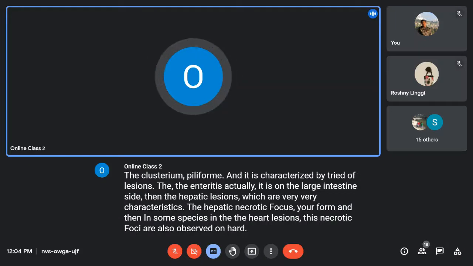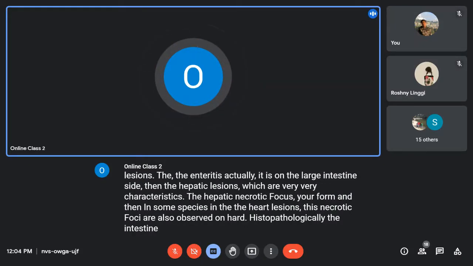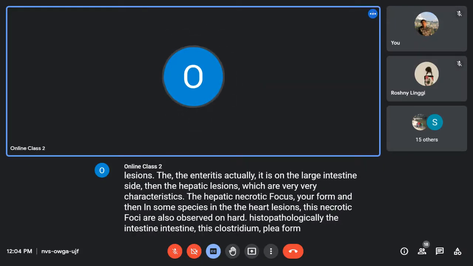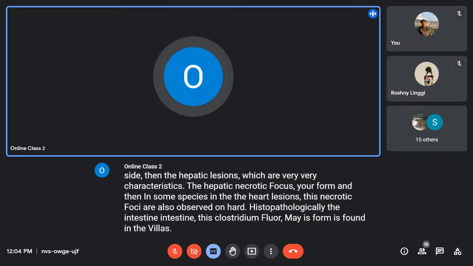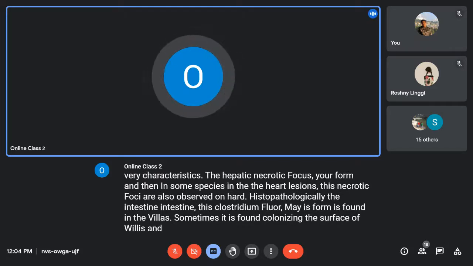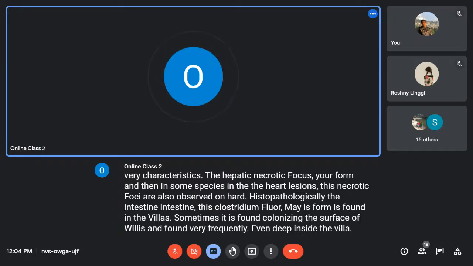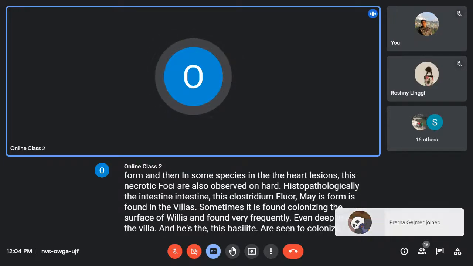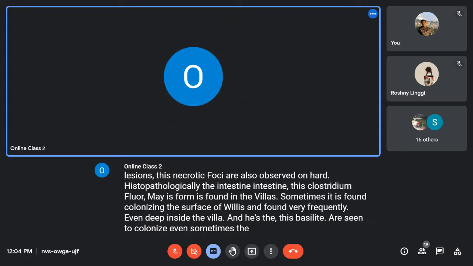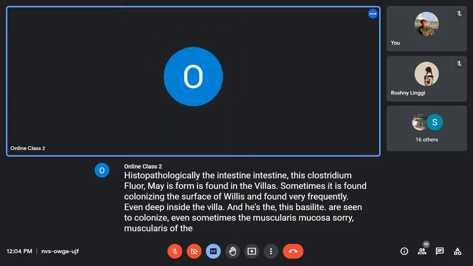Histopathologically, in the intestine, this Clostridium piliforme is found in the villus. Sometimes it is found colonizing the surface of the villus, and very frequently even deep inside the villus. These bacilli are sometimes seen to colonize even the muscularis of the intestine.